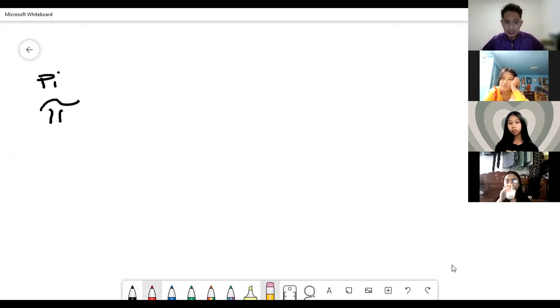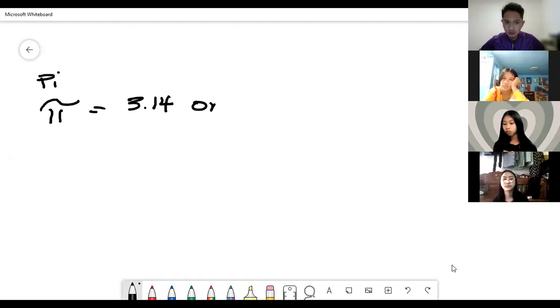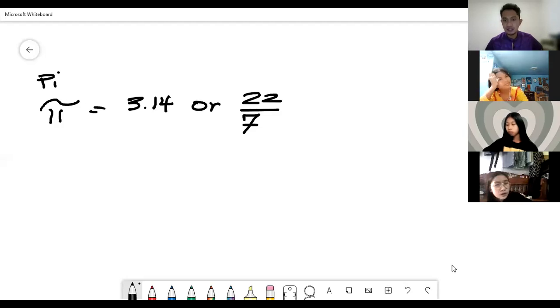Pi. And the value of pi is equal to 3.14 or 22 over 7. That is the same actually. That is 3.141 like that, which is very long.